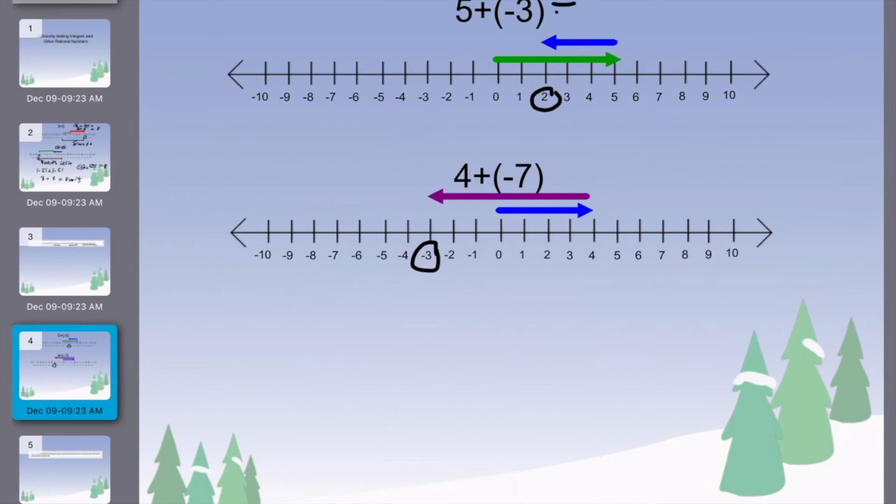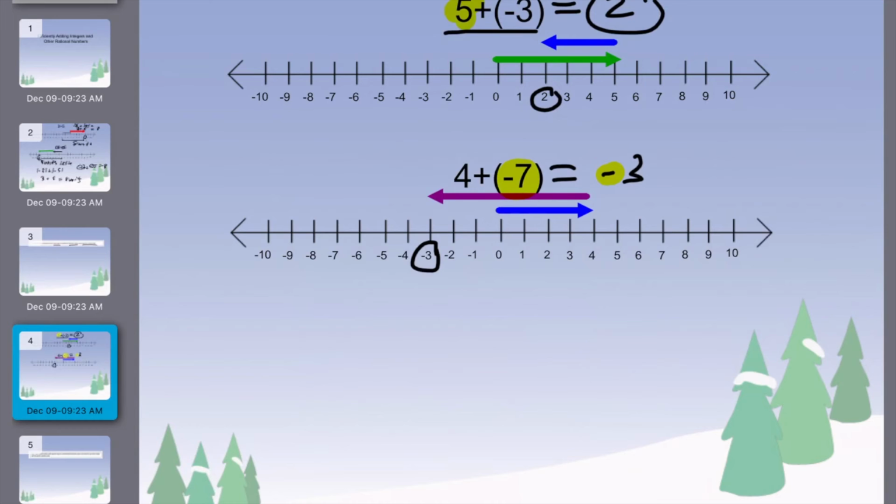I see here my answer is overall positive, and my greater number in my expression, that 5, is also positive. I see something similar over here. My answer is negative, and the biggest absolute value for my second equation would be that -7 turning into 7.